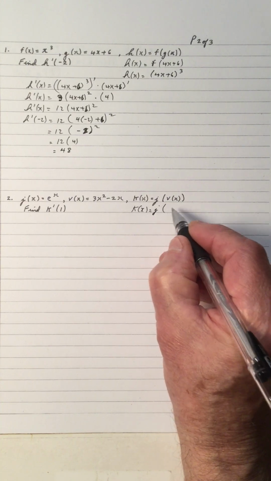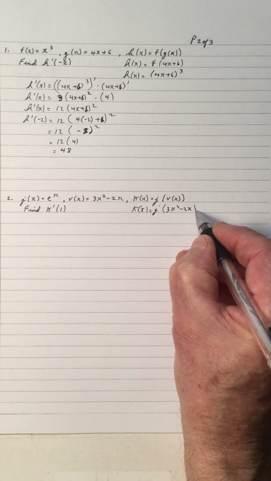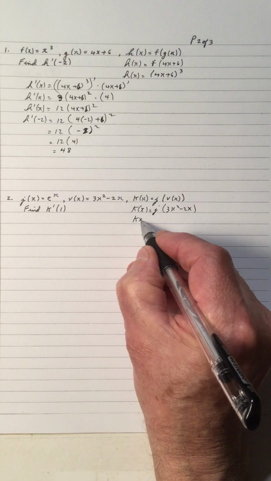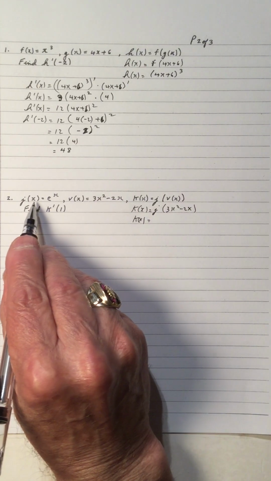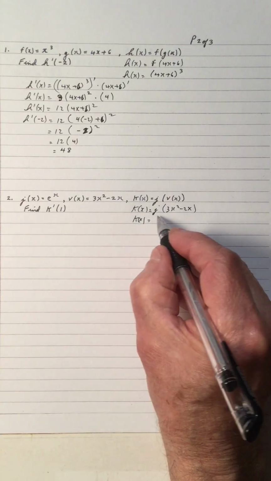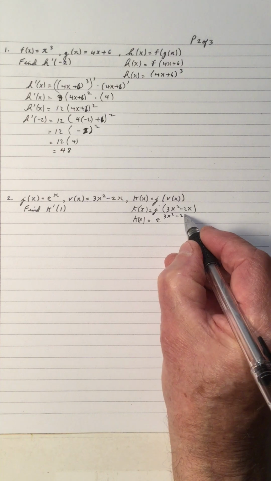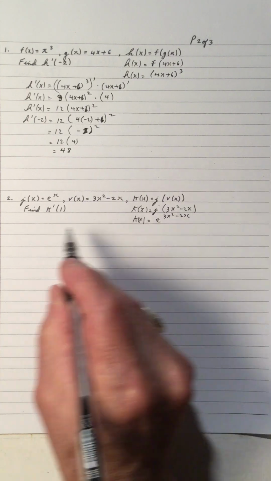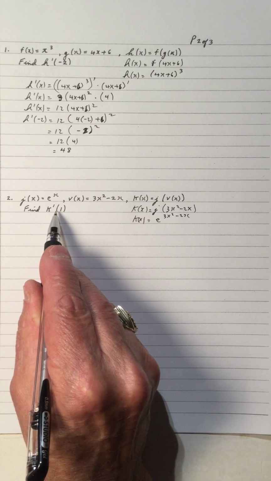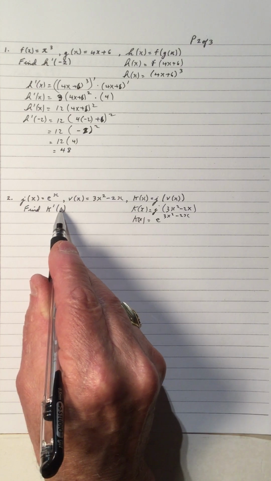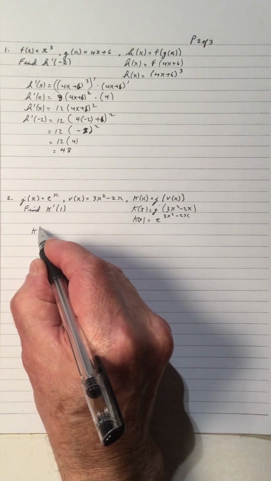We put 3x squared minus 2x in the place of x in j, so that's e to the 3x squared minus 2x. We have to find k prime, the slope of the tangent, at 1. So let's do the derivative first.